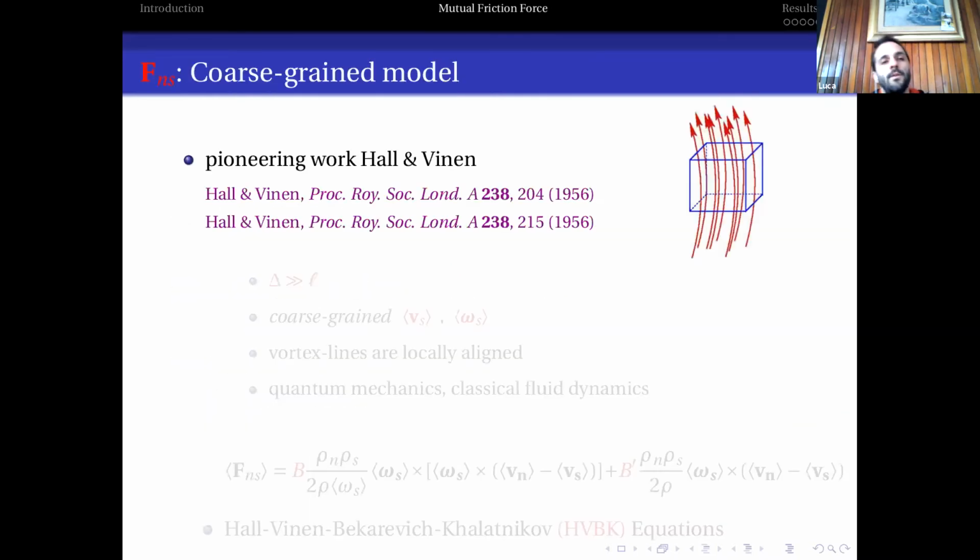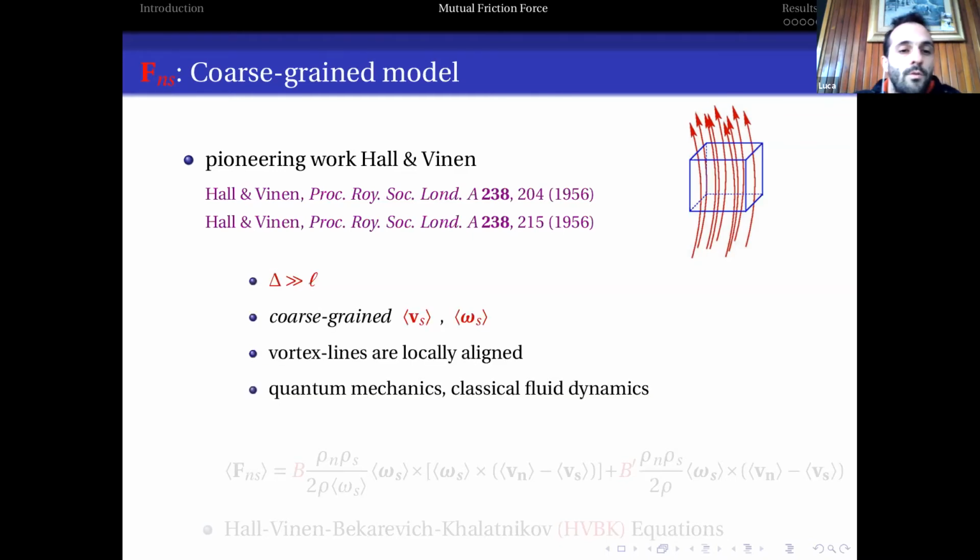Okay, so the pioneering work by Hall and Vinen in 1956, which was composed of two papers published back to back, one experimental and one theoretical, describes and elaborates a model for the mutual friction force at scales delta which are much larger than the average intervortex spacing.